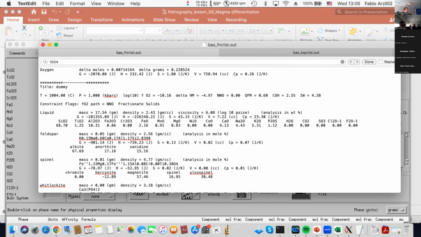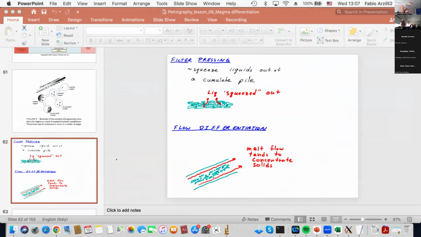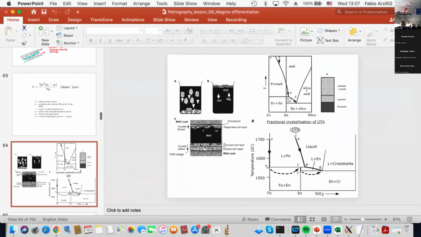It is the unique way to pass the peritectic point we discussed, so it's the unique way to go further in your composition.